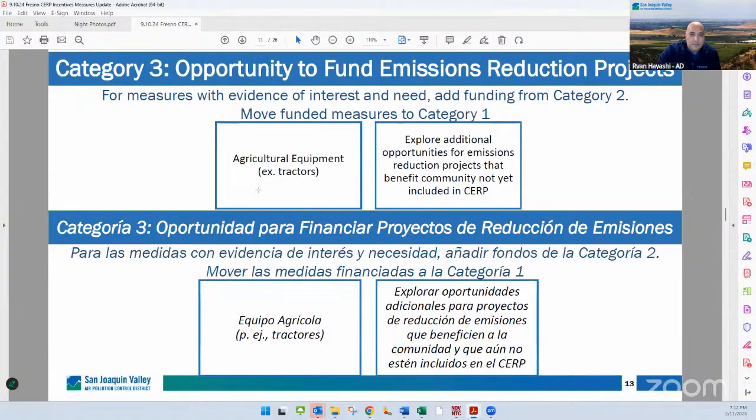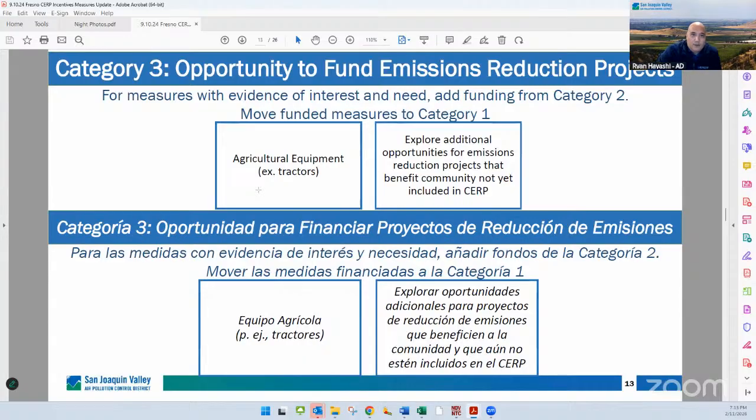And some of the equipment, especially around the Fresno area, there's a lot of smaller farmers with really older tractor equipment that, if we were to provide funding, we could see some of those being taken out of service with newer equipment that generate a lot less air pollution.